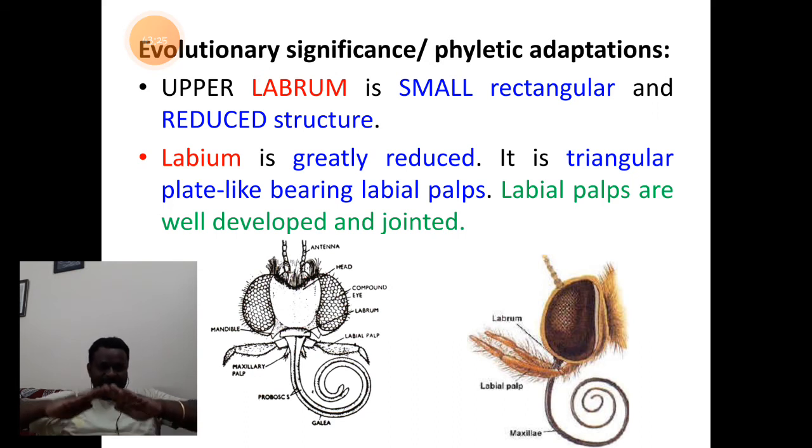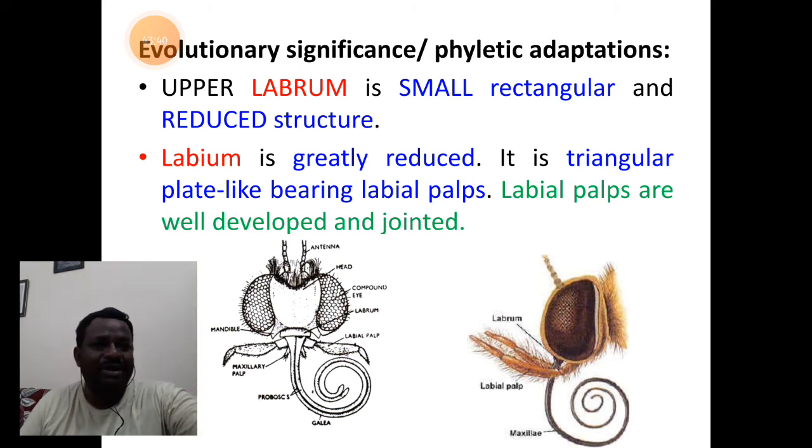So it presses upon the petals so that the proboscis is easily thrown into the region of nectar and it can suck the nectar. So labial palps are very well developed.